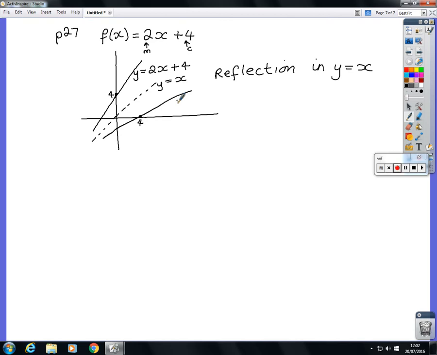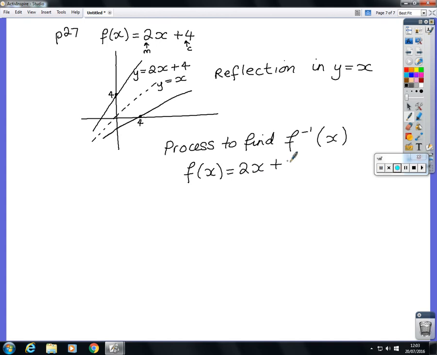We can work out what the inverse function actually is using a process. The process to work out the algebra of the inverse function is as follows. We take f of x, 2x plus 4, and replace the f of x with y.